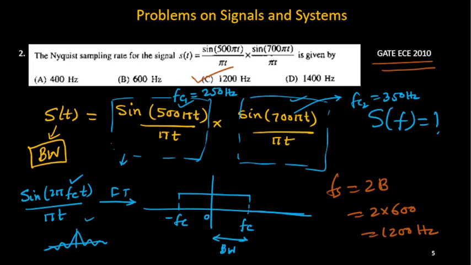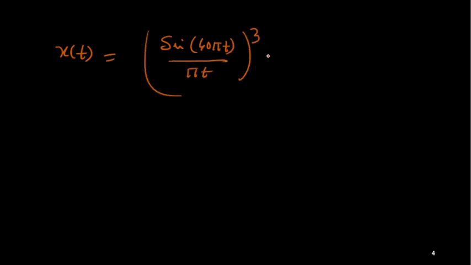I can give you one more problem. Suppose I consider xt equals sine 40 pi t upon pi t, the whole cube, times sine 10 pi t upon pi t, the whole square.